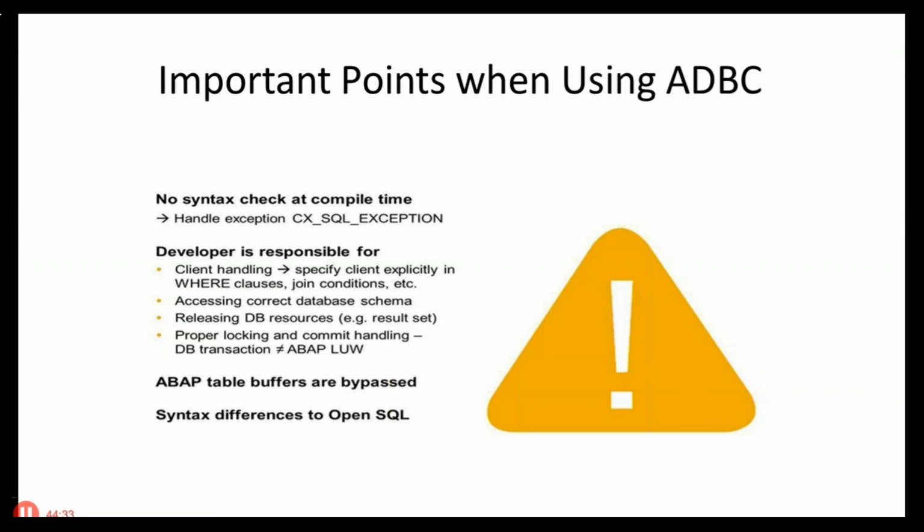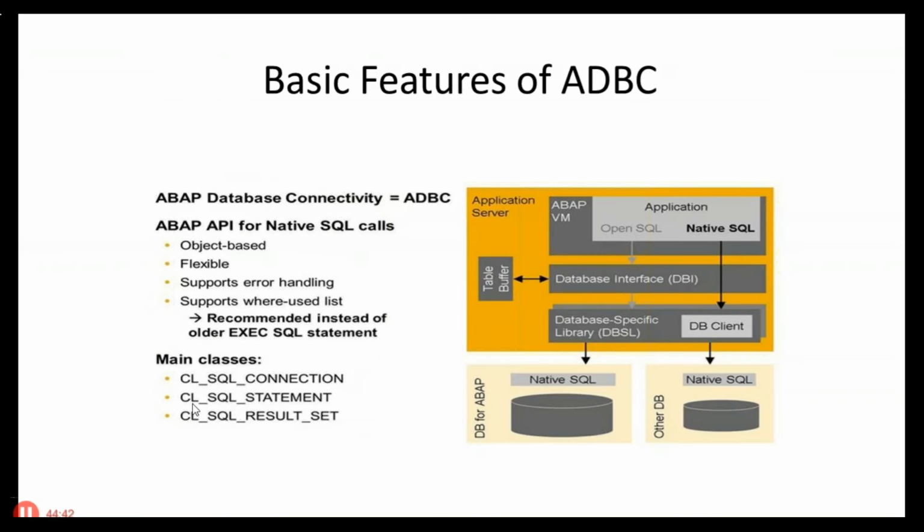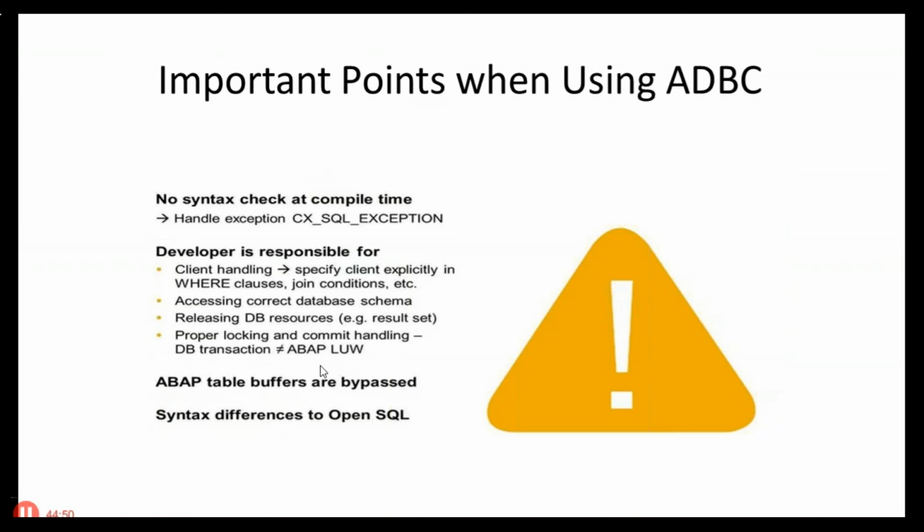So when we are using ABAP database connectivity, we'll have no syntax check at compile time, only at runtime. So handle exceptions CX_SQL_EXCEPTION. So here we have CL_SQL_CONNECTION, CL_SQL_STATEMENT, CL_SQL_RESULT_SET as the main classes. Then we have CL_SQL_EXCEPTION as the exception class.